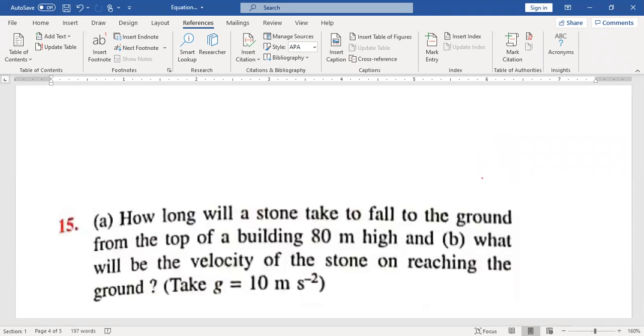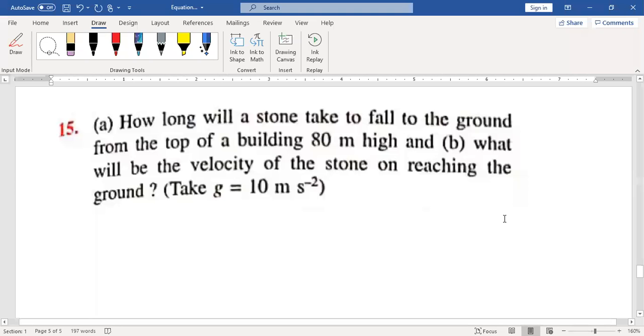So in question number 15 of your book given on page number 81, how long will a stone take to fall to the ground from the top of a building 80 meter high, and what will be the velocity of the stone on reaching the ground?